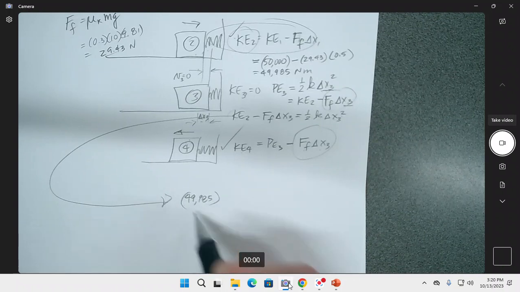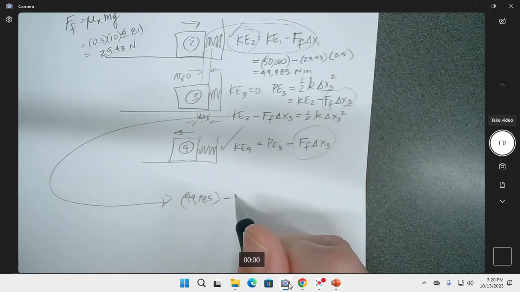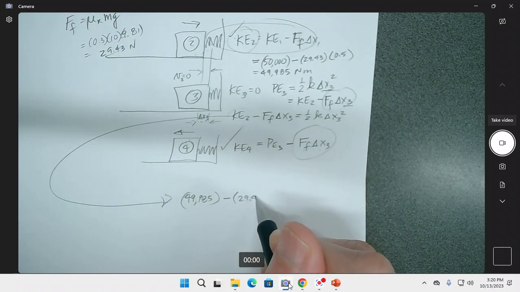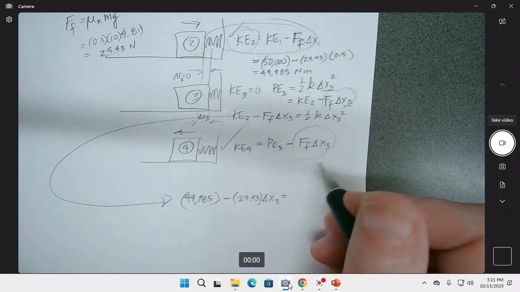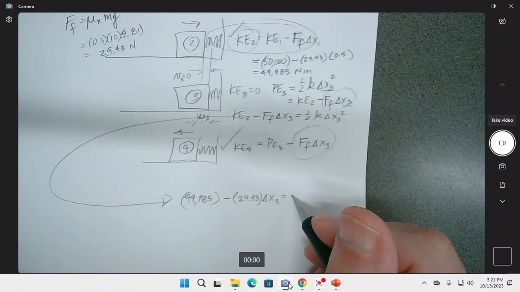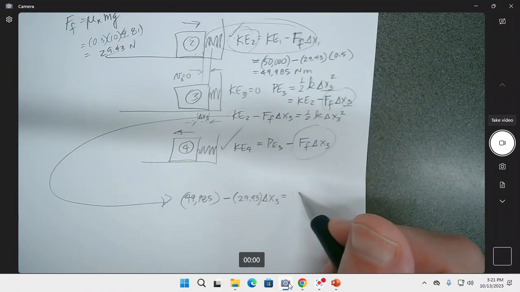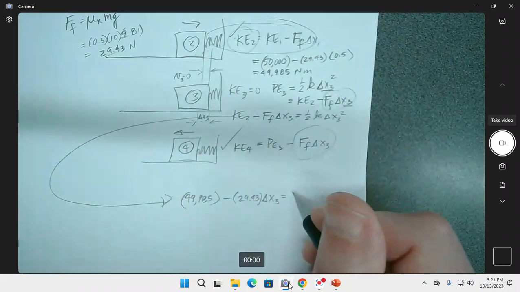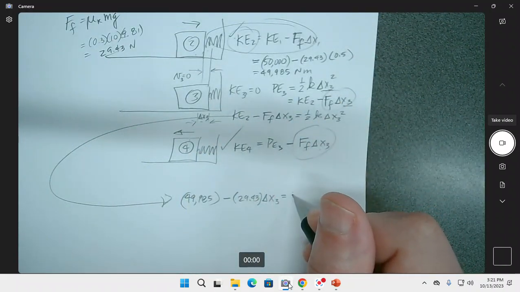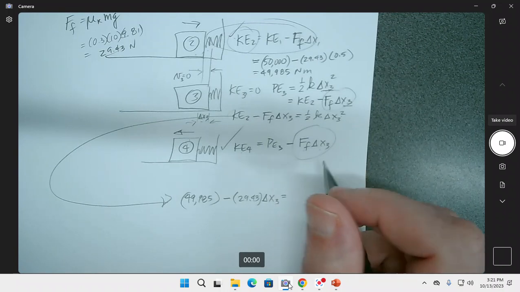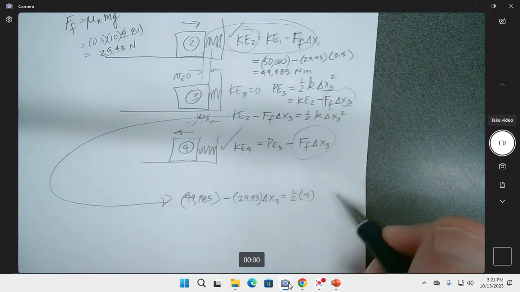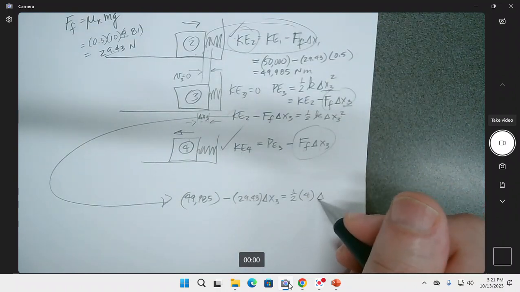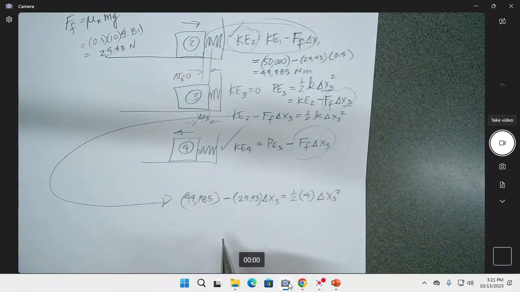So you have to go back up over here and go, 49,985 minus 29.43, double this change in position between 2 and 3, we'll call it delta X3. And then over to here, the kinetic energy is 0 when the thing pauses for a second. And then it's going to be 1/2, and then we chose a really small number for the K, and that's delta X3 squared.